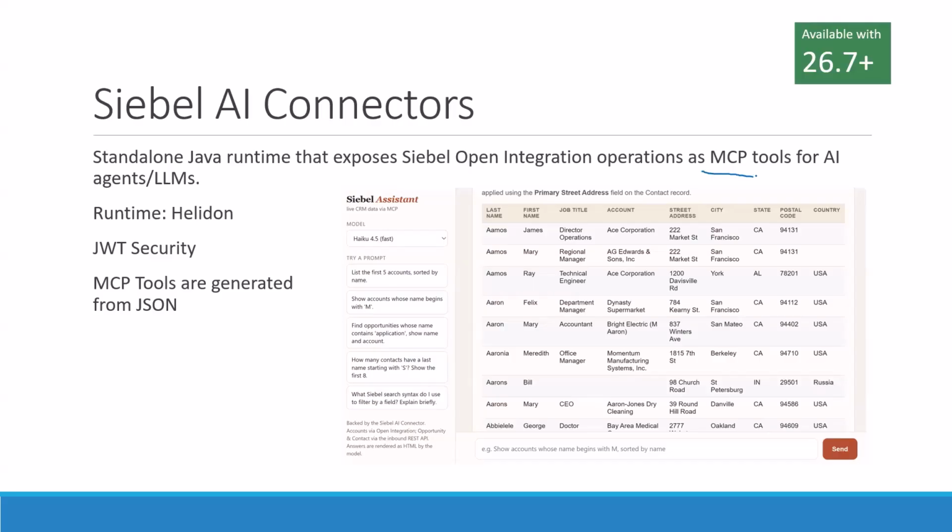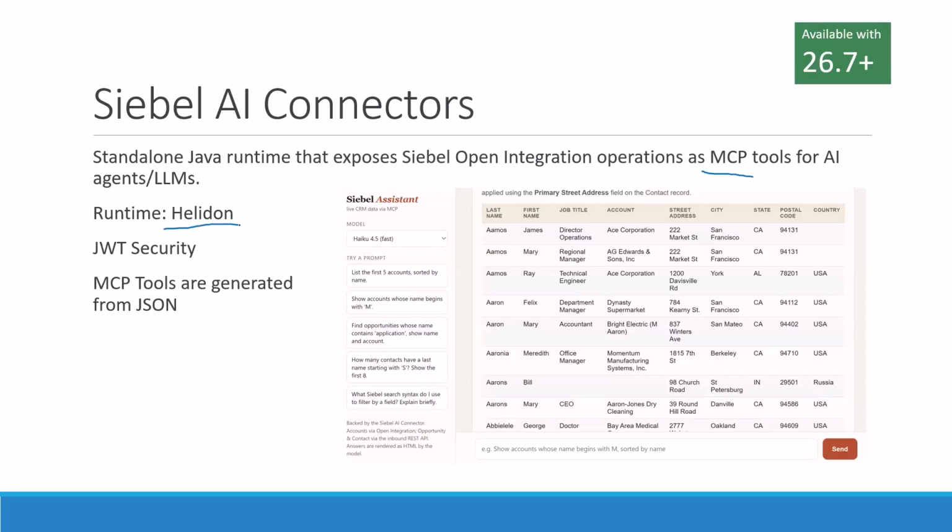MCP is the almost standardized protocol, model context protocol, for models, that's large language models, establishing a context. And that is something that is really, really useful, as maybe you have already experienced yourself or have heard about. And not unsurprisingly, it's based on the Helidon runtime. So it's a microservice-based approach.